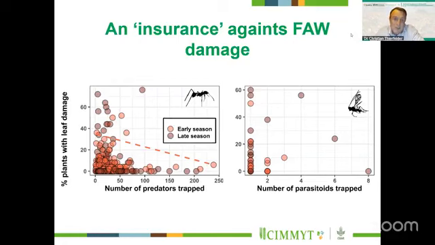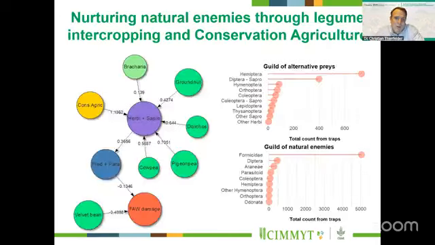Also parasitoids, although we did not establish such a clear relationship with those. It's a complex issue. What you need is animals, insects that attract, for example, the natural enemies. Here we have the alternative prey. These are insects that are good for attracting ants. And then we have the enemies.